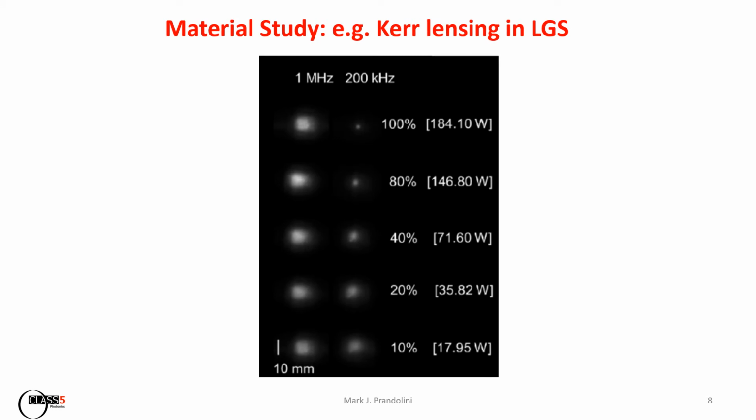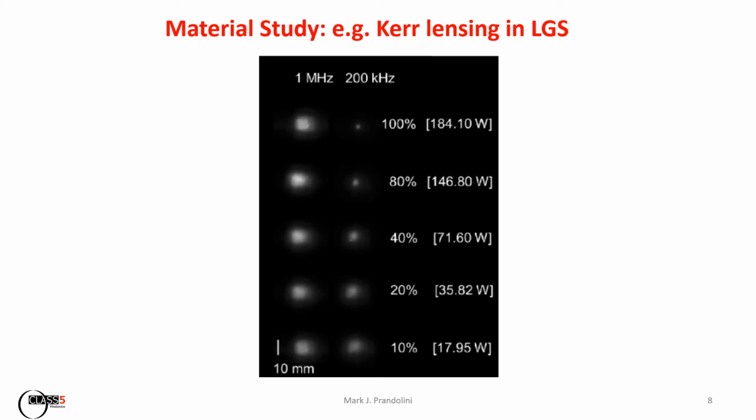In another set of experiments, the Basler camera was used to monitor the beam profile after the laser had passed through the nonlinear crystals. Again, we did the experiments at 1 megahertz and 200 kilohertz, ramping through 0 to 200 watts. Again, I show the example of LGS.